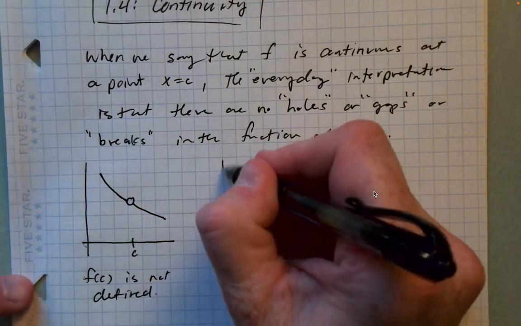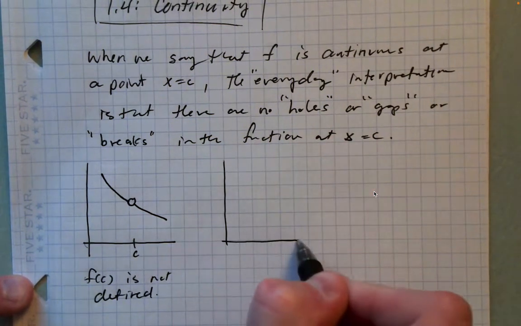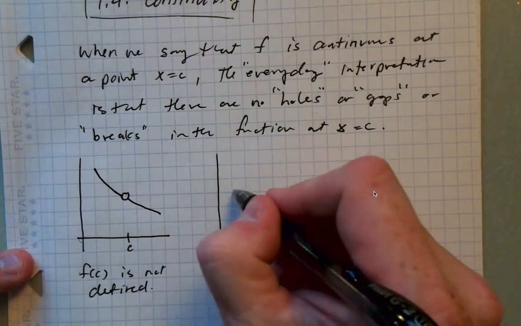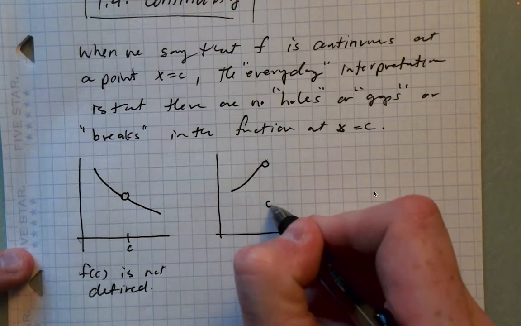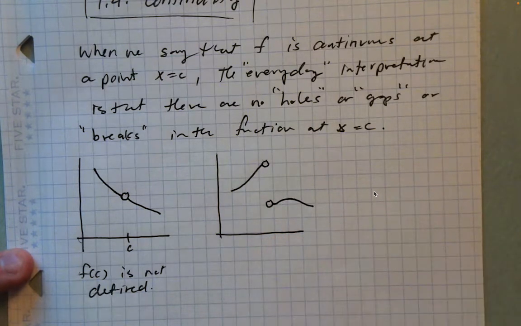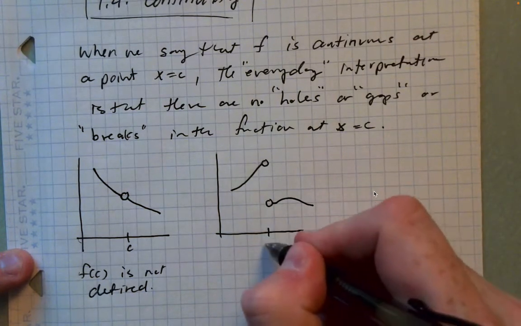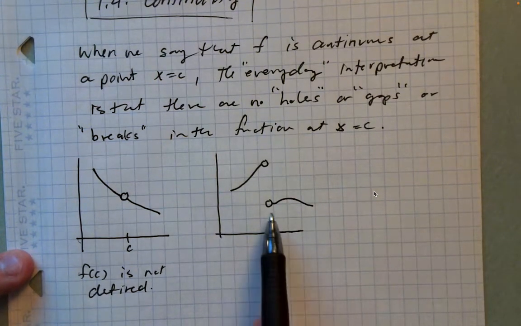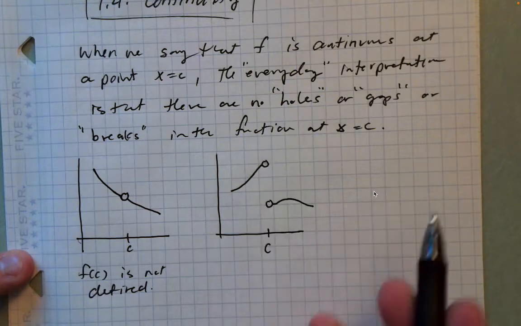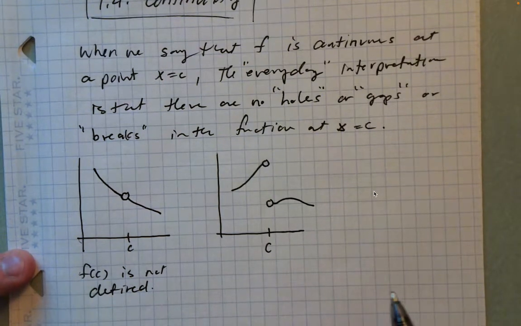Another scenario that might occur would be something like this. Maybe the function comes up and you've got a gap, and then the function continues on, and here would be c. In this case, yes, you've got a hole, but you've also got a scenario where the limit doesn't even exist.